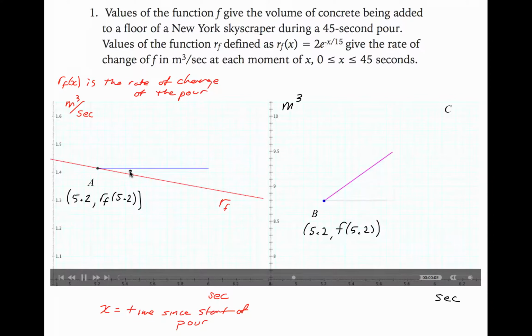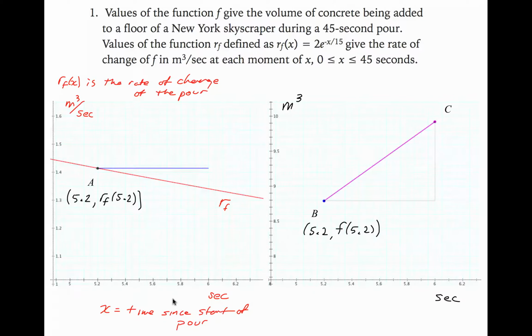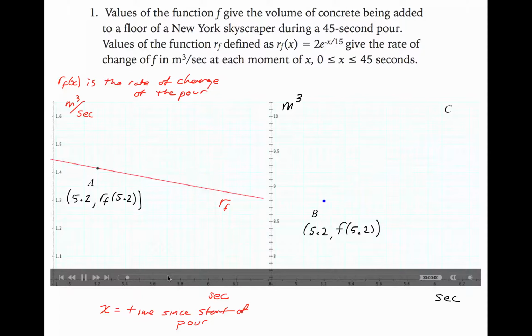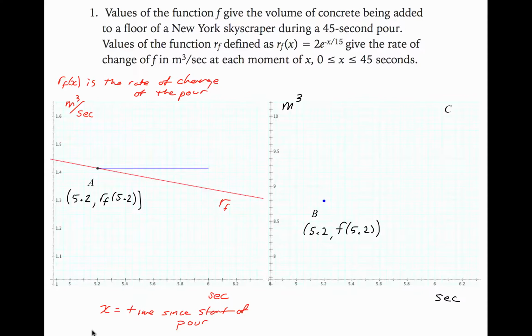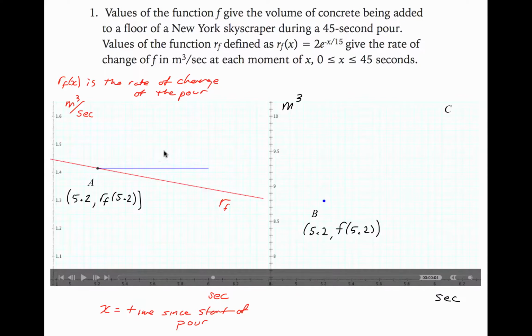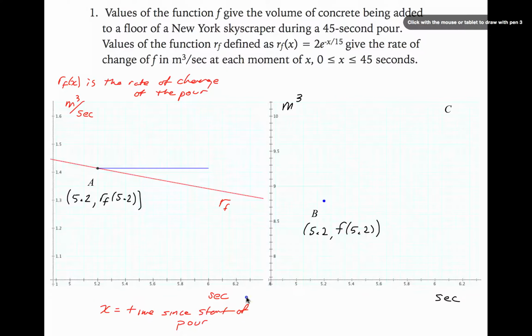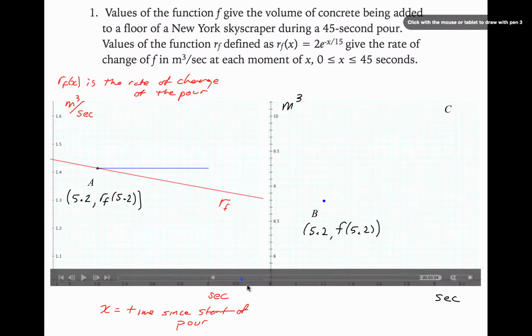Okay, so this blue segment here, let me go ahead and pause the video so the blue segment is showing. The blue segment represents this moment of something like 1.2 seconds, so that entire x-axis is showing a moment of, say, 1.2 seconds.